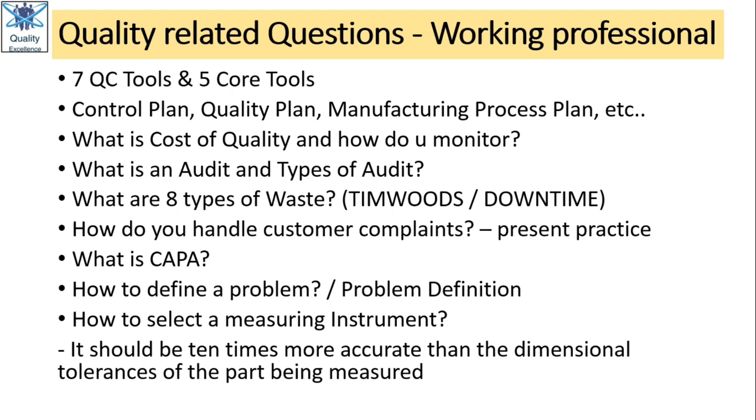And downtime is nothing but defects, overproduction, waiting, non-utilized talent, transportation, inventory, motion, and extra processing. So this is just to remember all these 8 types of waste. This is a short form, Tim Woods, or either you can remember it by downtime.